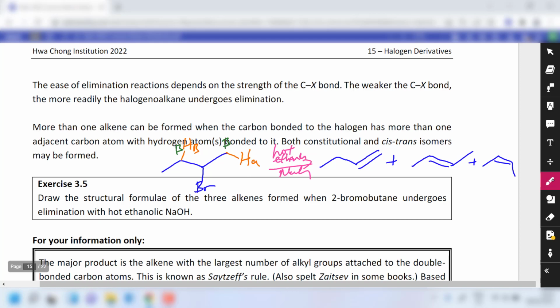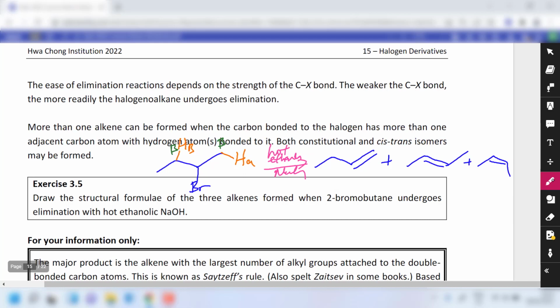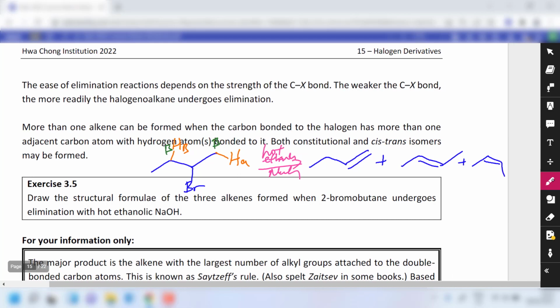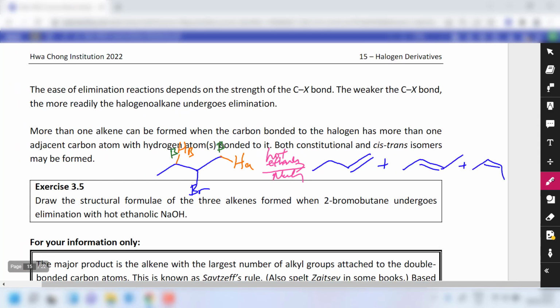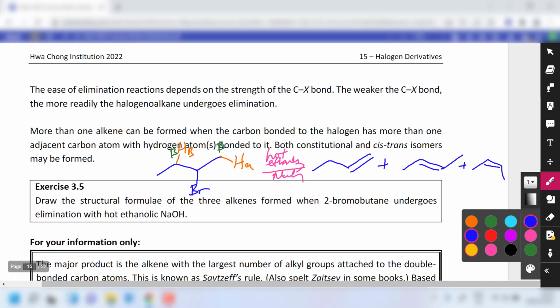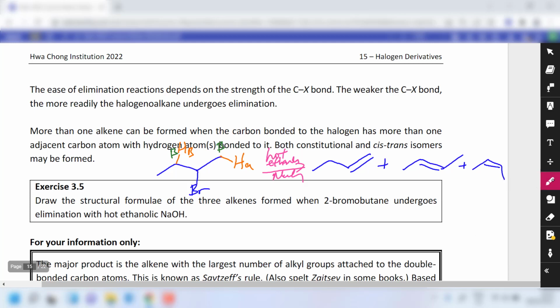And then I'm sure you might have remembered from the alkene chapter that in order to determine which is the more prominent alkene or the major product being formed, you have to find out the number of alkyl groups bonded to the carbon in the C=C double bond.